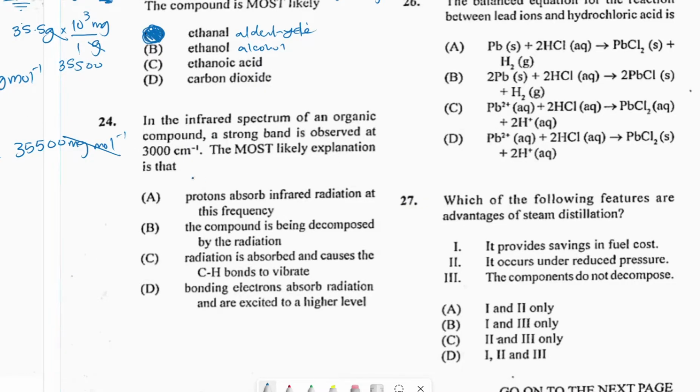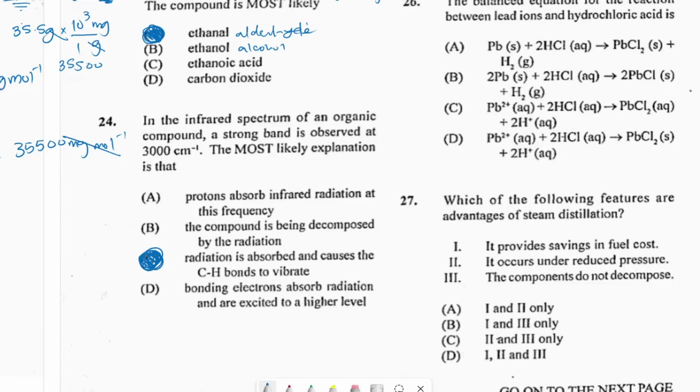As for 24, in the infrared spectrum of an organic compound, a strong band is observed at 3,000 per centimeter. Oh, I should have explained this. Anyways, radiation is absorbed and causes the CH bonds to vibrate.